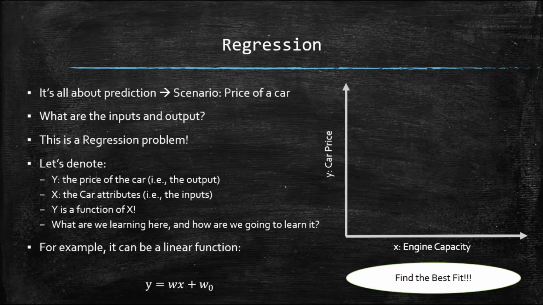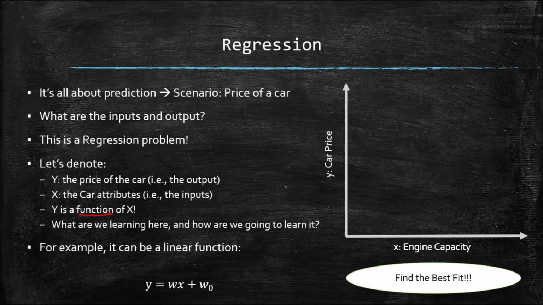Basically this is the essence of machine learning: there is a function that connects the input to the output. And here's a question: what are we learning here, and how are we going to learn it?